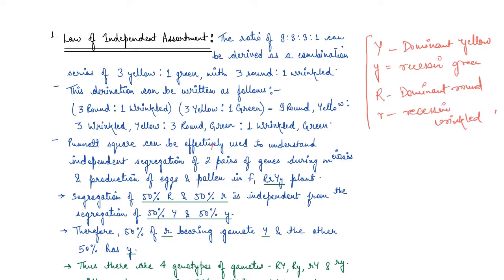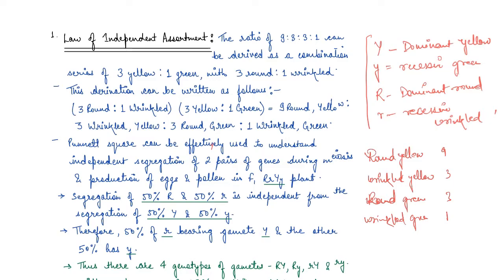So in the previous dihybrid cross, what we saw was that the phenotype of round yellow, wrinkled yellow, round green, and wrinkled green was 9 is to 3 is to 3 is to 1, right?